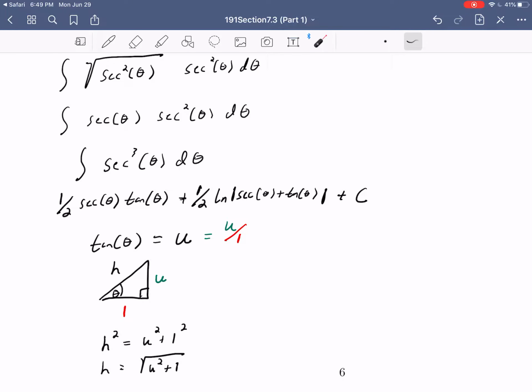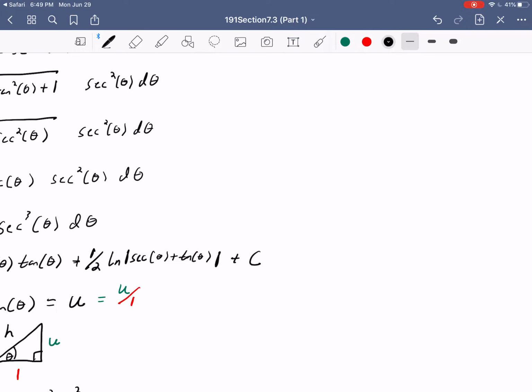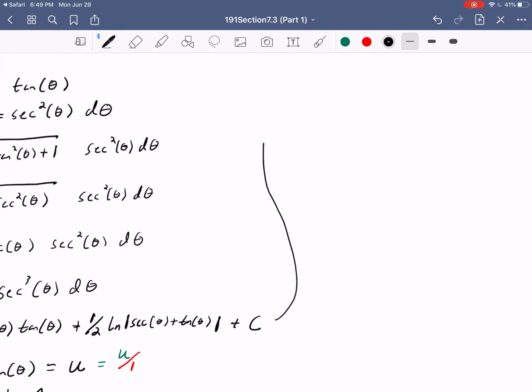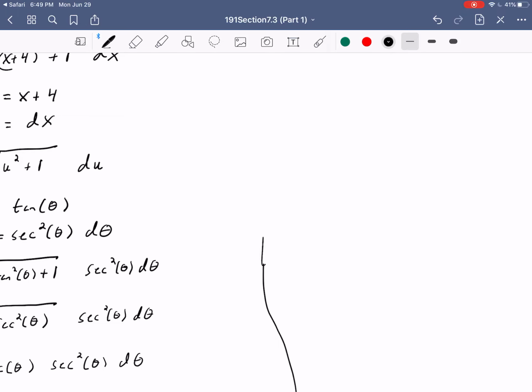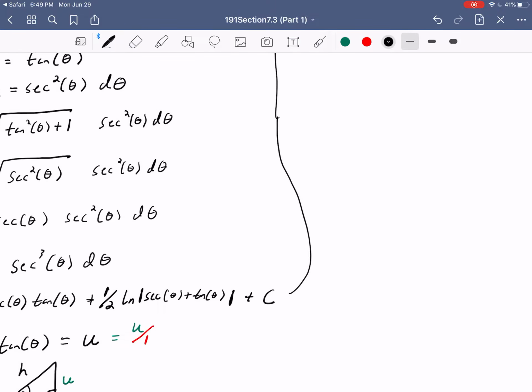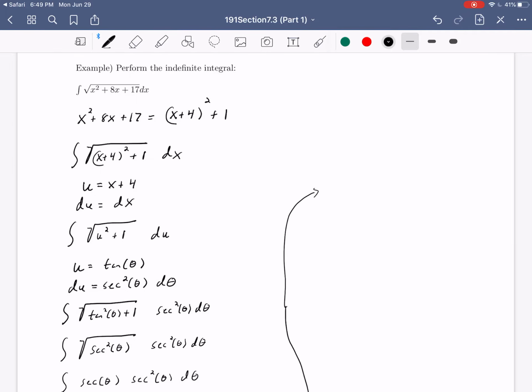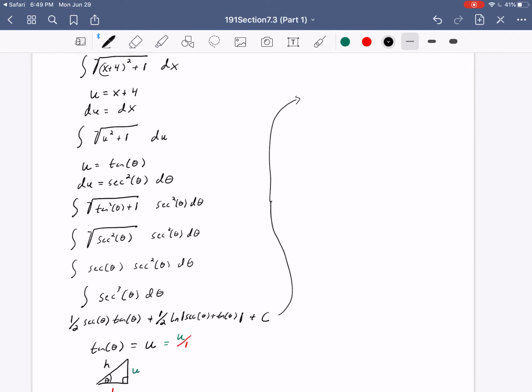So we can go ahead and plug in the stuff that we need. Our tangent is just going to be equal to u, so wherever we see a tangent, we can place a u. And our secant, well, secant is going to be your hypotenuse over your adjacent, so it's just going to be that square root of u squared plus 1. So let's bring this up to here. We can zoom out a little bit so we can see the stuff together.